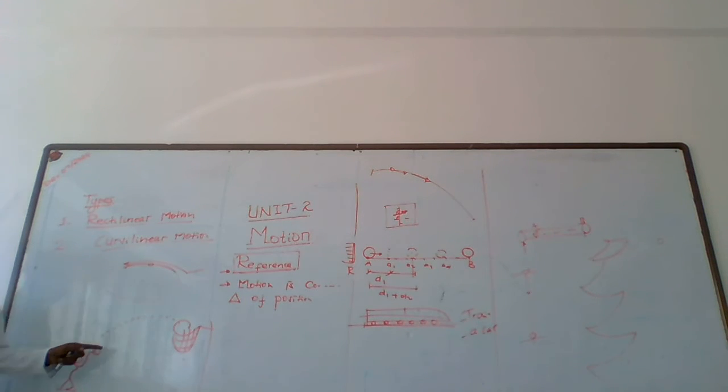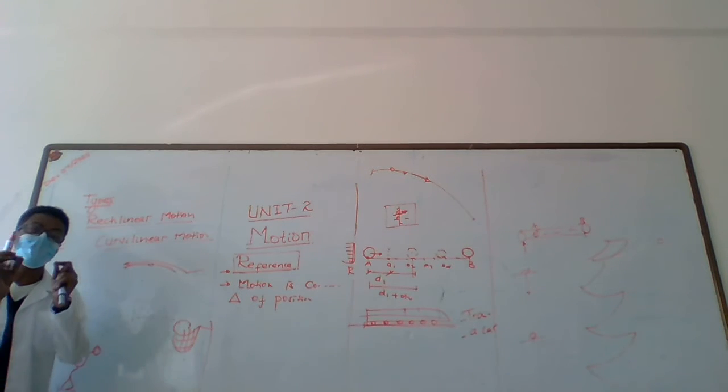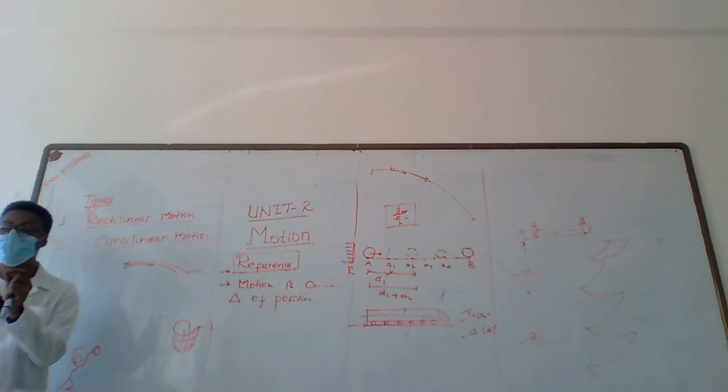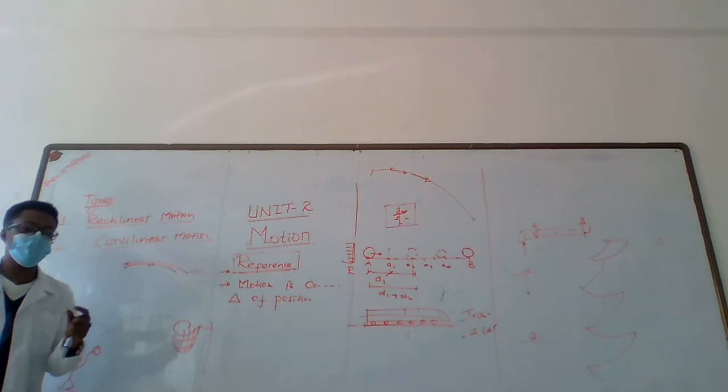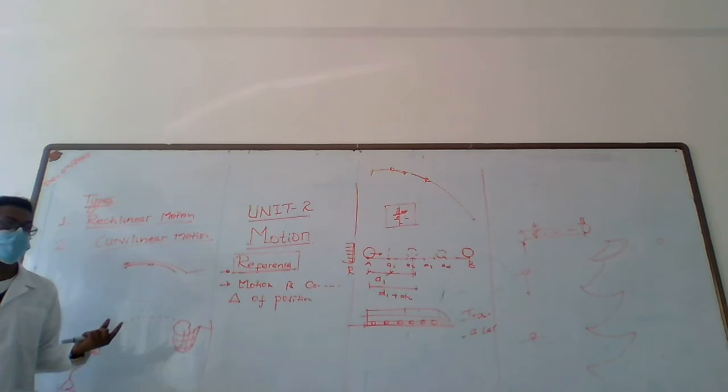Because the ball is following what kind of path? A curvilinear path, a curved path. So we call it curvilinear motion.